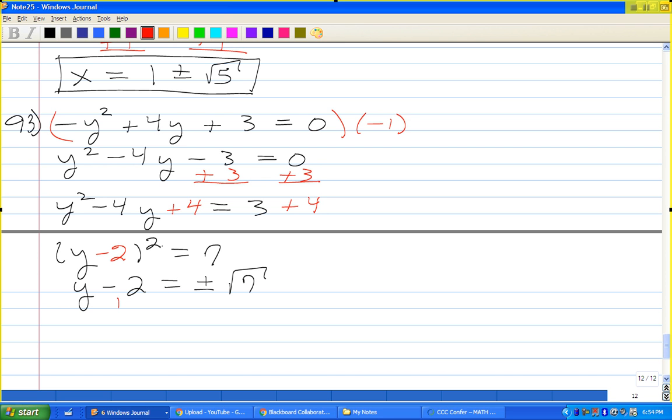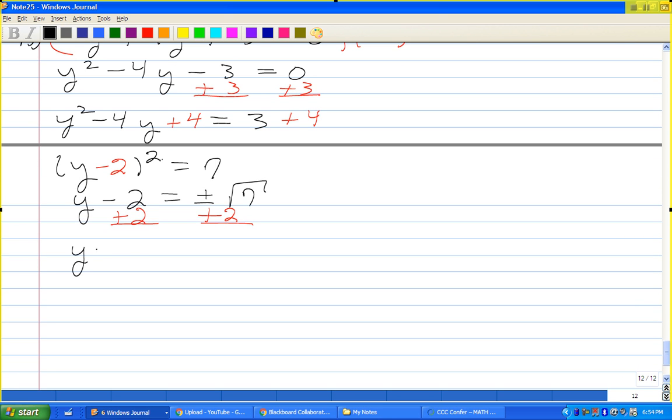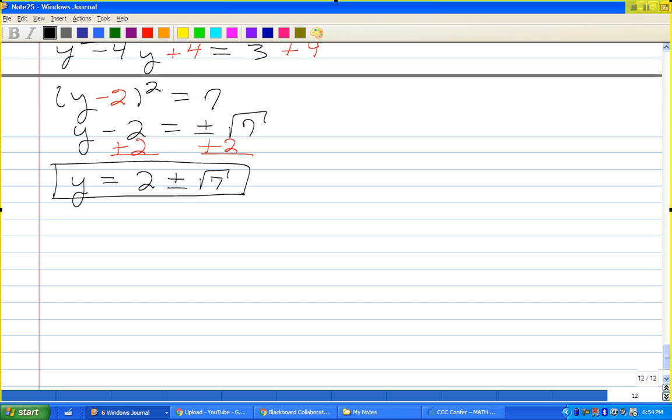Let me add 2 to both sides of my equation. And so I have that y is equal to 2 plus or minus the square root of 7. Let me do problem number 95.